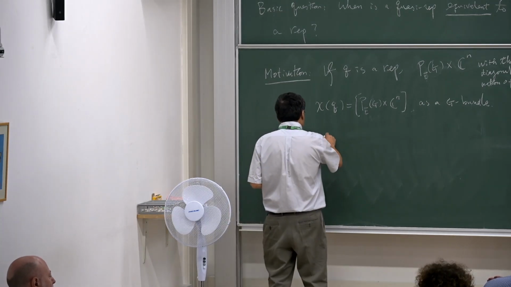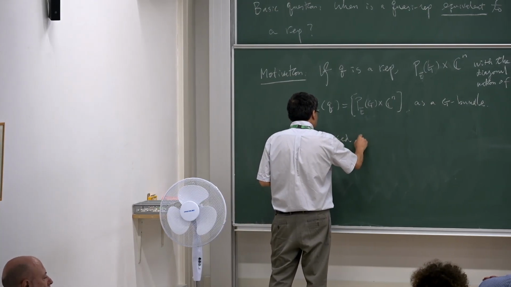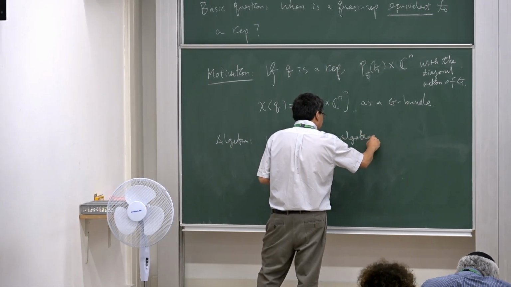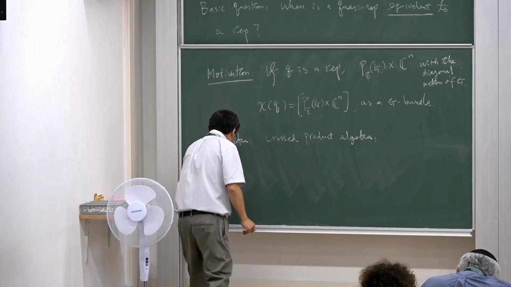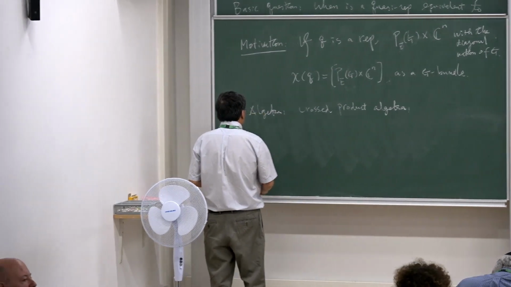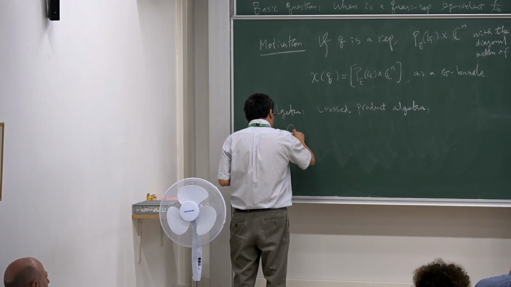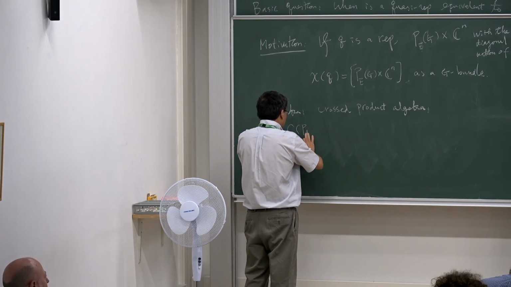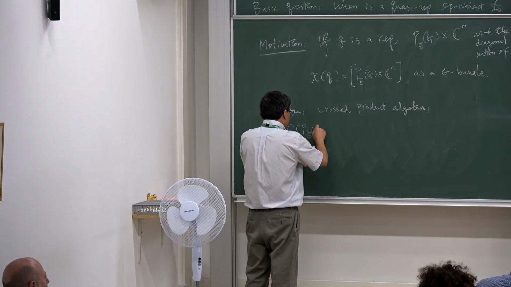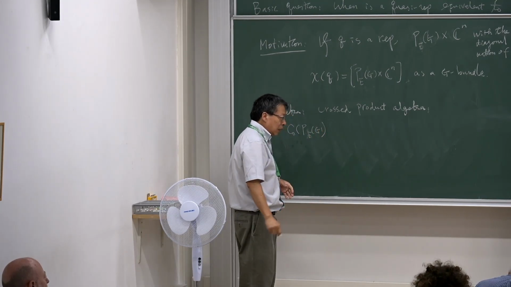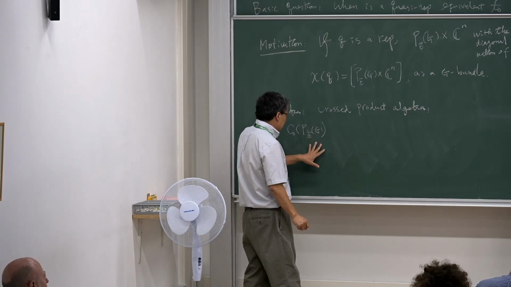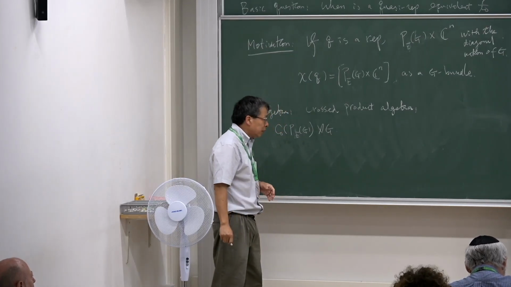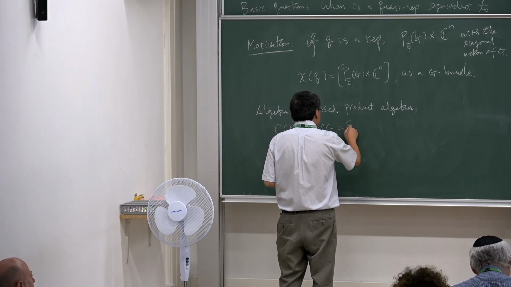Let me introduce the cross product algebra. The first algebra is all the continuous functions which vanish at infinity on this space. As we saw, there is a natural action, so we form the cross product with G. What is this?